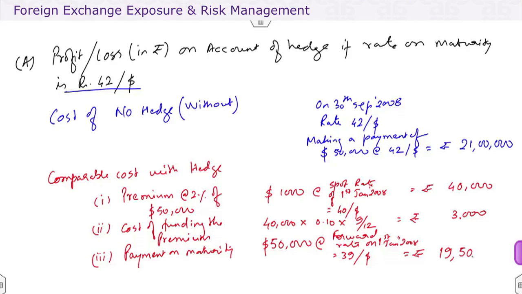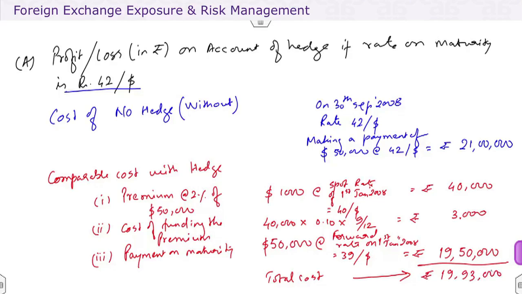If I add up all the costs, the total cost with hedge would be how much? 19 lakh 50,000 plus 40,000, that is 19 lakh 90,000, and 3,000 more. So this is 19 lakh 93,000.